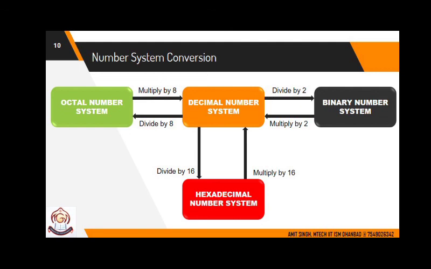And similarly, when we have to convert hexadecimal number system to decimal number system, then we have to multiply the digit by 16, and finally from decimal number system to hexadecimal number system, we have to divide the digit by 16. We will see some examples.